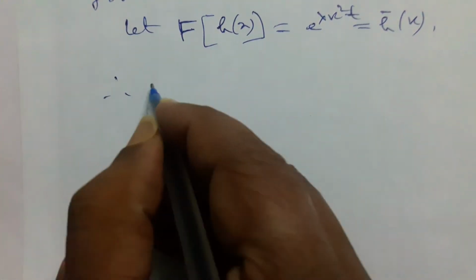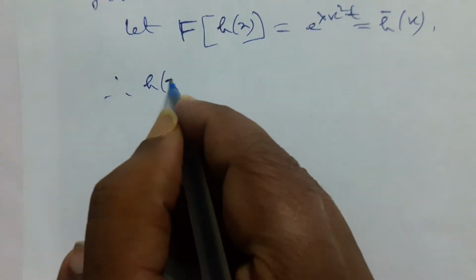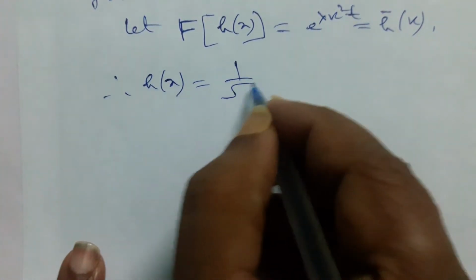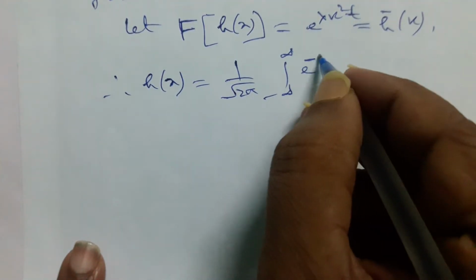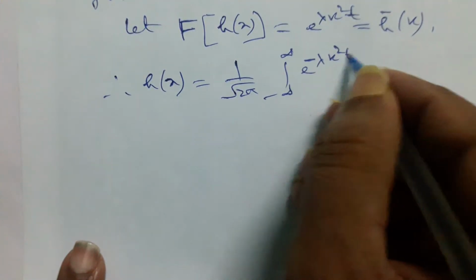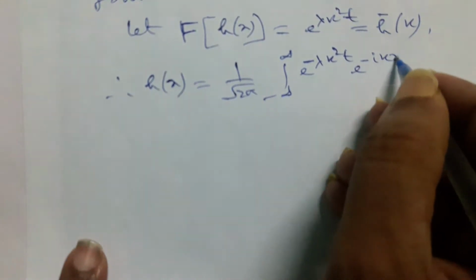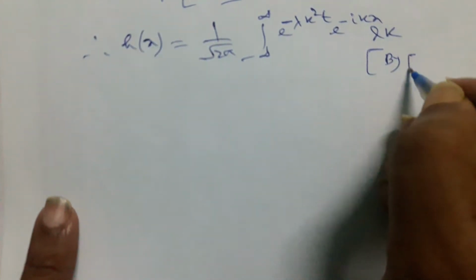Therefore h(x) will be 1 by root over 2π integral from minus infinity to infinity of e to the power minus λ k² t into e to the power minus ikx dk, by the Fourier inversion formula.